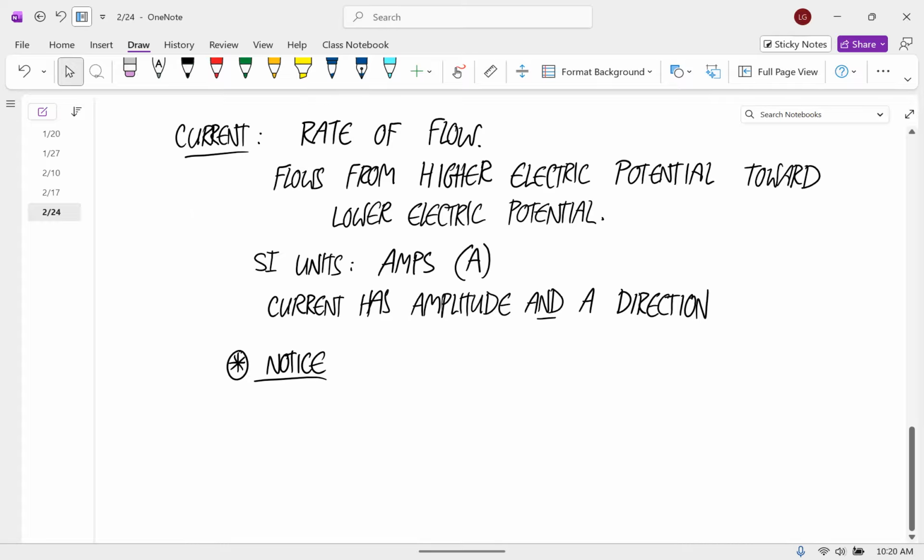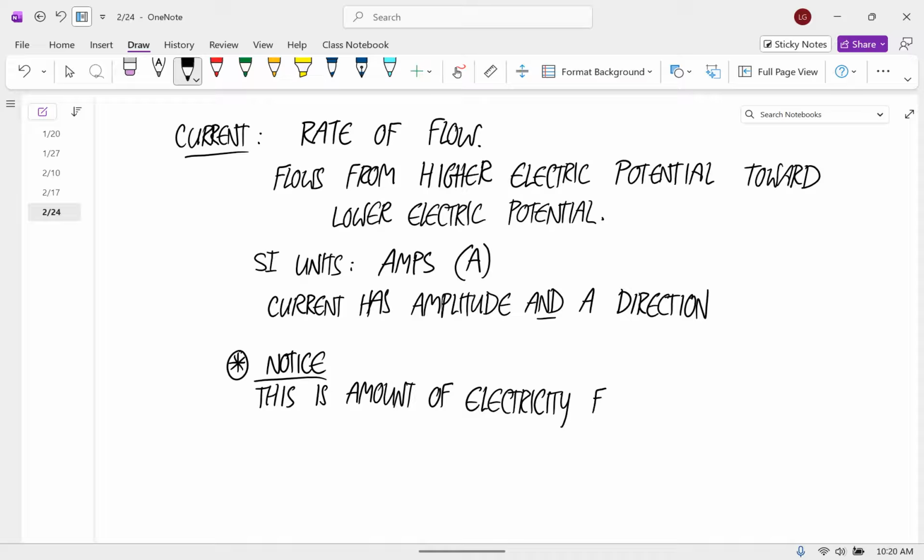Since this is kind of like the amount of electricity flow, and so this is really the thing that powers devices. Okay, this is the thing that you need to make a device work. And so mostly we're going to be relating these things in order to figure out how much current we're sending into a device, making sure it's getting enough current.